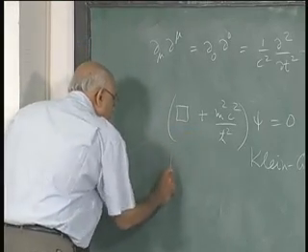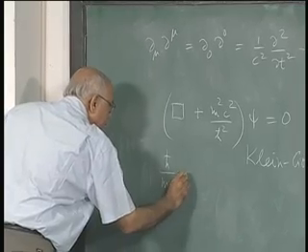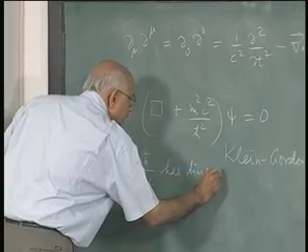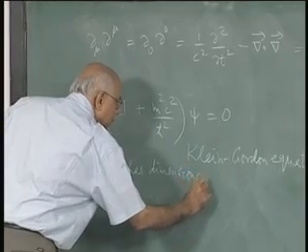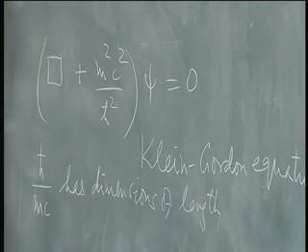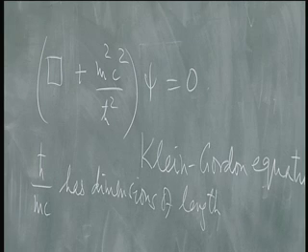So h cross over mc has dimensions of length. mc is what you would call the Compton momentum of a particle, and h cross over mc by the de Broglie relation is the Compton wavelength. So this is the Compton wavelength. To the extent that you can associate a size with a quantum mechanical particle, this is the natural size and this is the Compton wavelength.